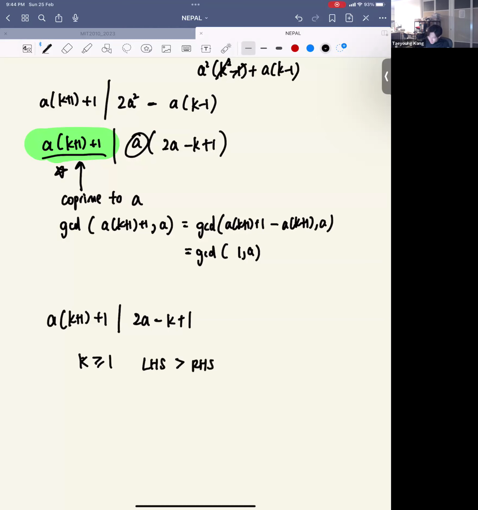And this must be true because A(K plus 1) is at least 2A plus 1, which is larger than 2A minus K plus 1. But by fact 2.3, this cannot be true.